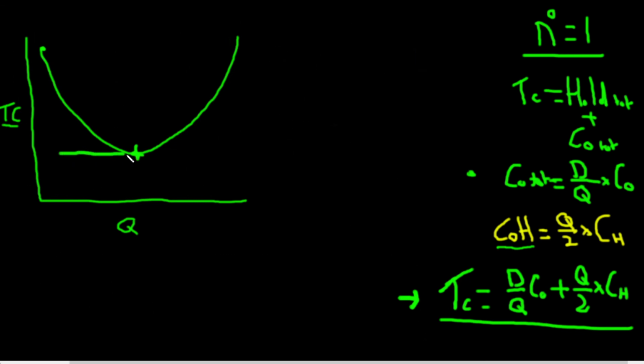And if a gradient is 0, you can see it means we'd find this point, which is the smallest total cost we can find. As you can see, the gradient each time is moving, and then it moves this way instead. So to find this point, we're going to differentiate and then work out what Q is.